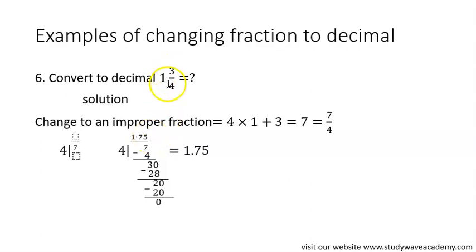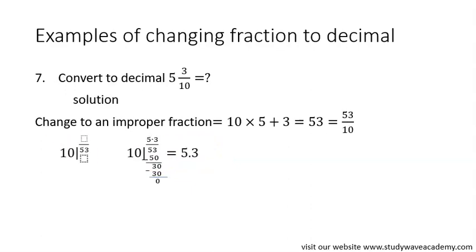So converting this mixed fraction to decimal is 1.75. We first of all converted it to an improper fraction. After converting it to improper fraction, we used the long division method to get our point, which we arrived at 1.75. Do we understand that? Good.